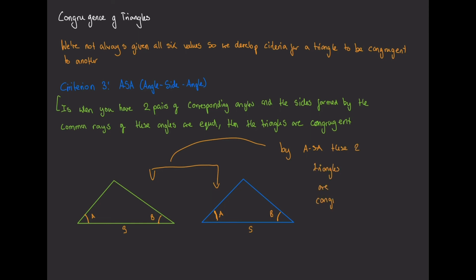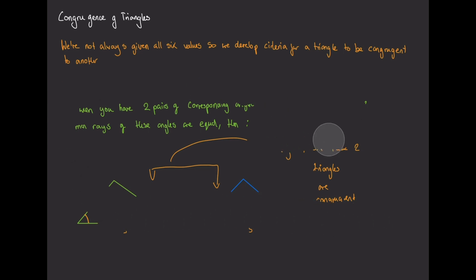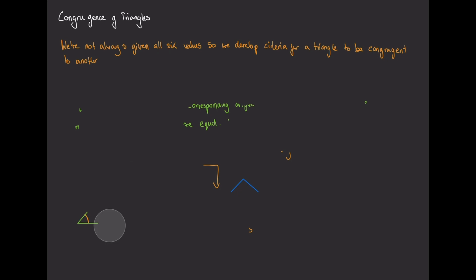This means that we've essentially found all 3 criteria for congruency, and just as a review in words: side, side, side; side, angle, side; and angle, side, angle.